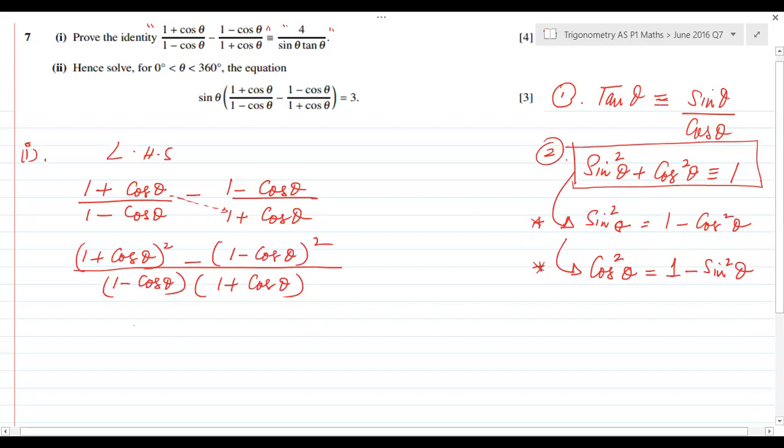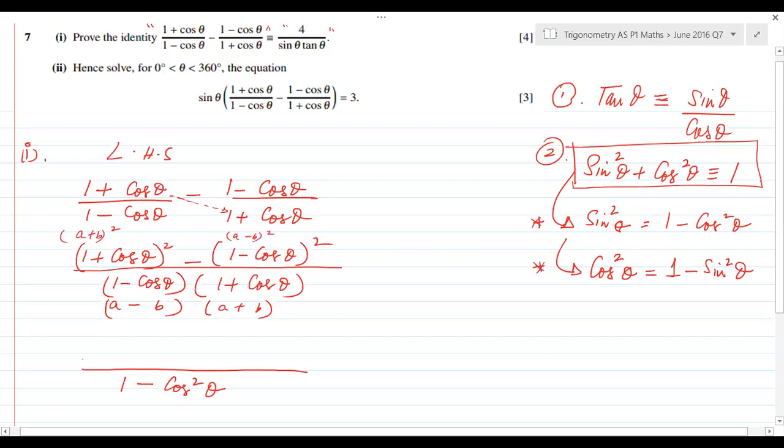Now this is a minus b, a plus b. So in the denominator, what I get is a squared minus b squared. So that would be 1 minus cos squared theta. In the numerator, I will expand this by a plus b whole squared, and this by a minus b whole thing squared.